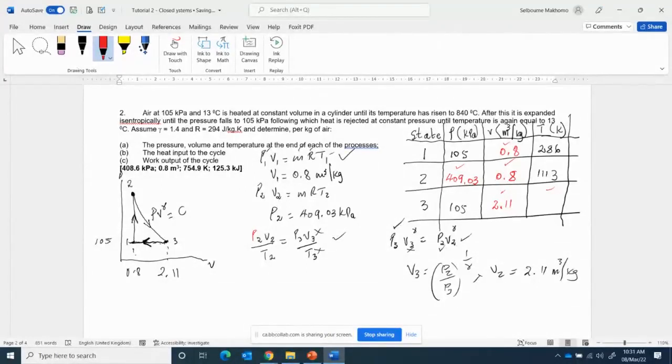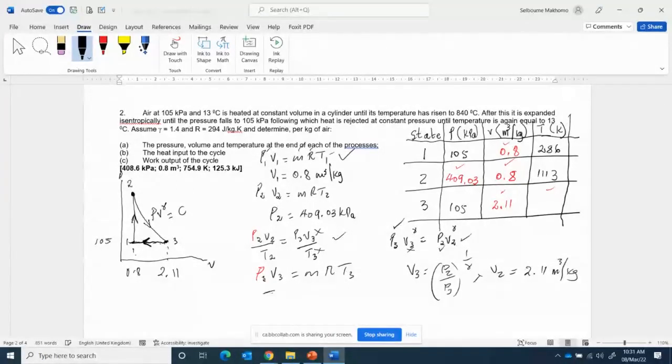Now we are left with one property, which is temperature at 3. Temperature at 3, we can still use the following formula. P3 V3 is equal to m R T3. So we have everything except T3.